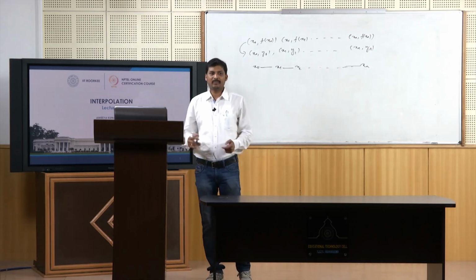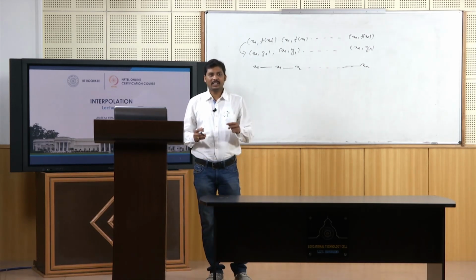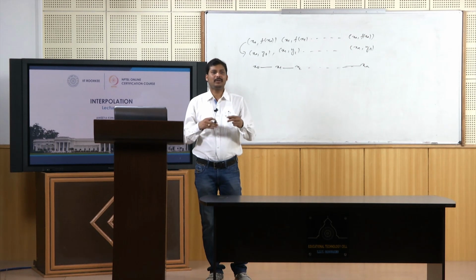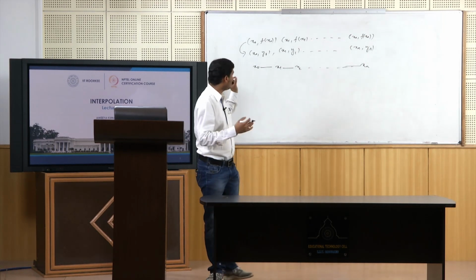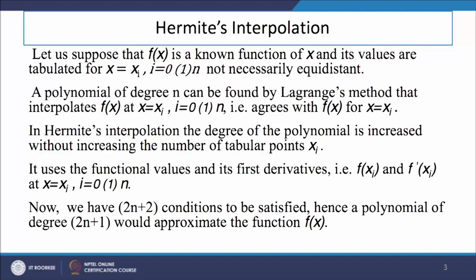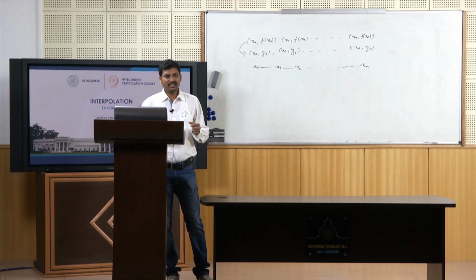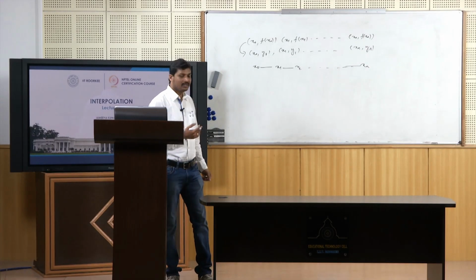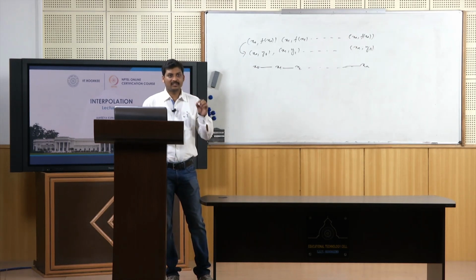But in Hermite's interpolation, we can extend this polynomial's degree at the same number of points. This means in Hermite's interpolation the degree of the polynomial is increased without increasing the number of tabular points. It uses the functional values, that is f of x0, f of x1, f of x2, and the first order derivative at those points also.